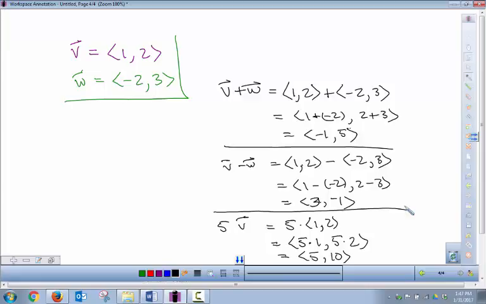All right? So one more idea. Yeah, did I do something wrong? Vector v plus vector w, we have that negative 2 at the top, but it's suddenly a positive 2 down below. Oh, this 2 came from here, maybe?